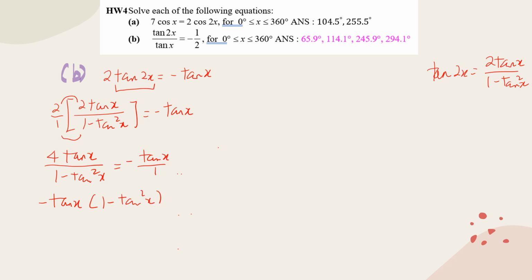Make sure you have your bracket there. Alright, do not divide tangent x on both sides, because then you're eliminating some answers. So what we need to do is factorize it.